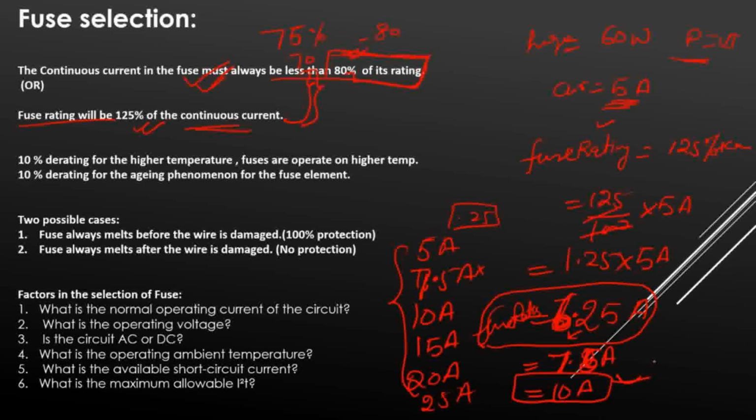I hope you understand how we select the fuses. Take another example: suppose you have a 100 watt system. What is P equals VI? 100 divided by 12, this would be my current.